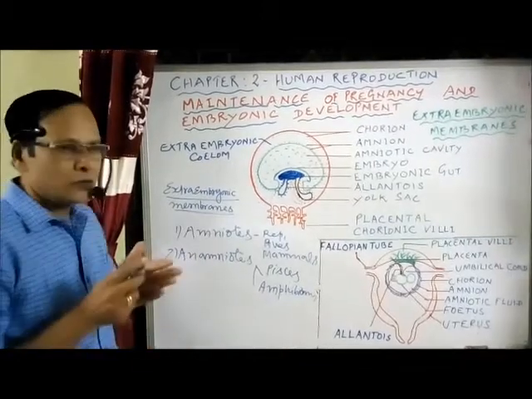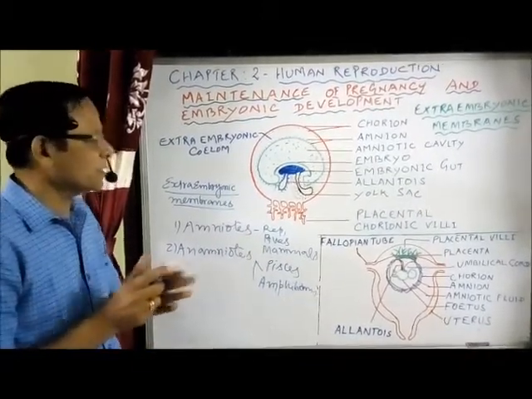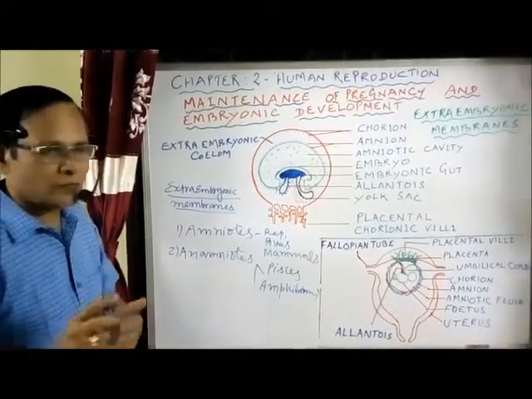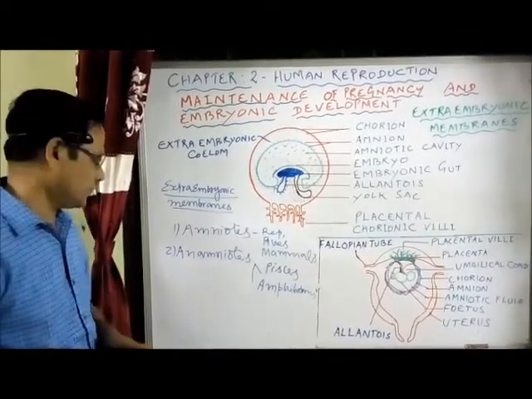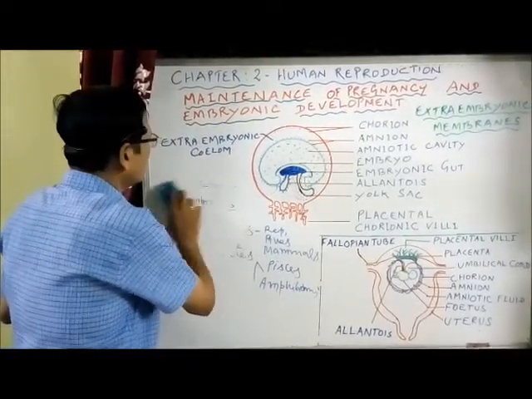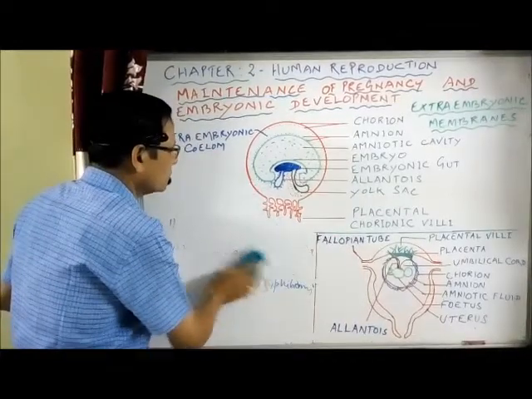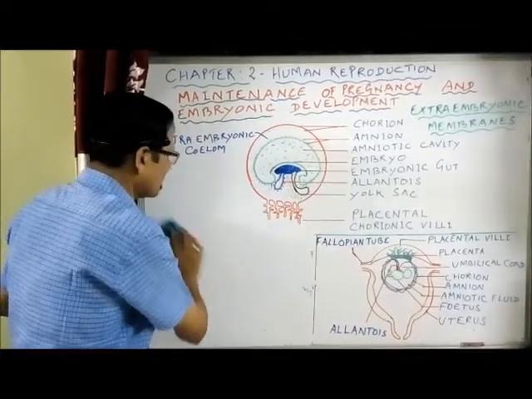Now we have to go for the functions of each one, and how they are formed, either from ectoderm, endoderm or mesoderm. Now I will take the first one. Normally we have 4 different types of extra-embryonic membranes.